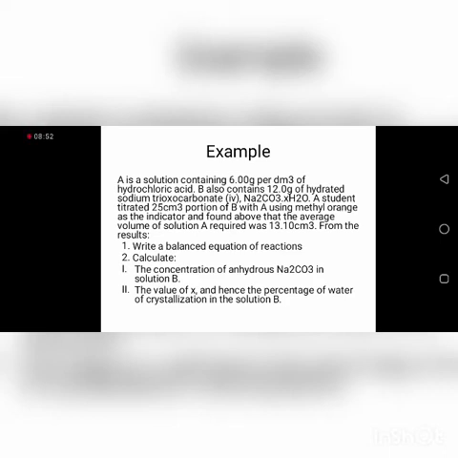So from the result, question 1, you have to write a balanced equation of the reaction. Question 2, from figure 1, you have to calculate the concentration of anhydrous sodium carbonate in solution B. And number 3, you have to calculate the value of x, and hence the percentage of water of crystallization in solution B. So let's see how we go about each one of them in detail.